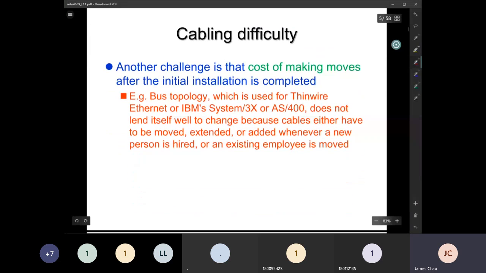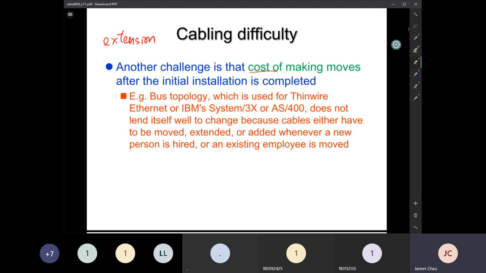On the other hand, we have another challenge, because most likely you may find the cable may have certain extensions. When you hire a new employee or you add a computer inside your network, sometimes it makes the cost become expensive because you have no way to extend your network.